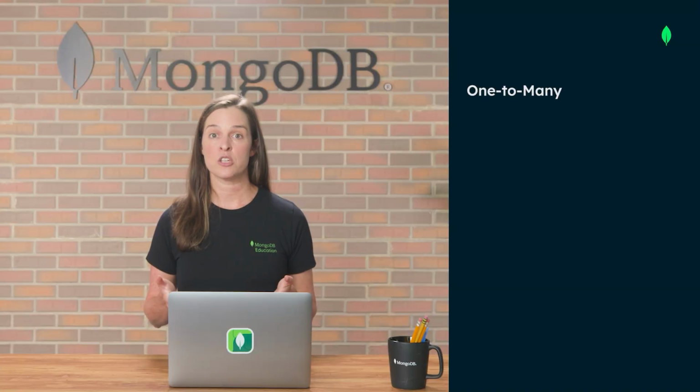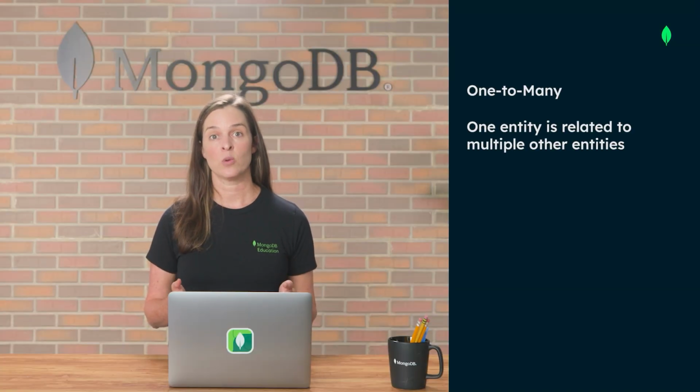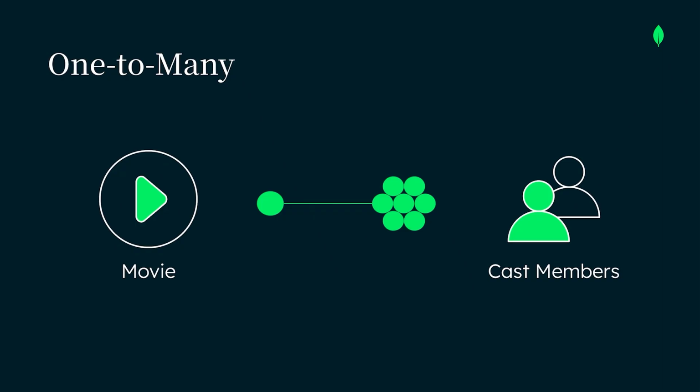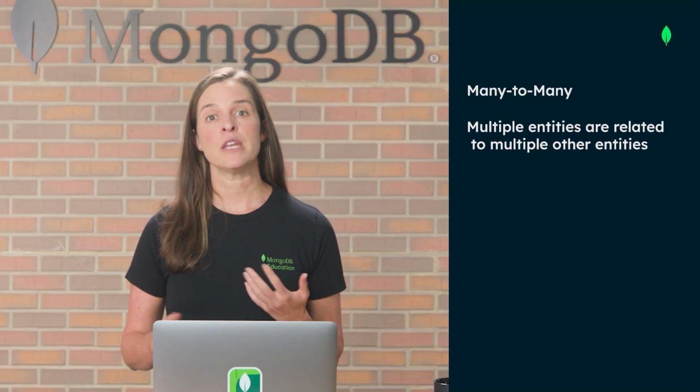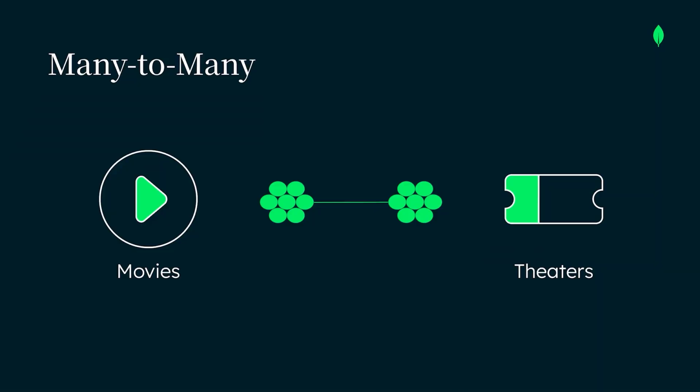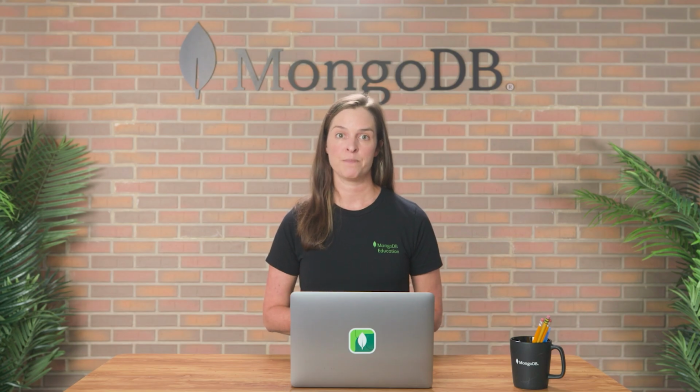A one-to-many relationship is when one entity is related to multiple other entities. For example, a movie typically has multiple cast members. Finally, a many-to-many relationship is when multiple entities are related to multiple other entities. A movie may be shown in many theaters, and a theater typically shows many different movies at a time.